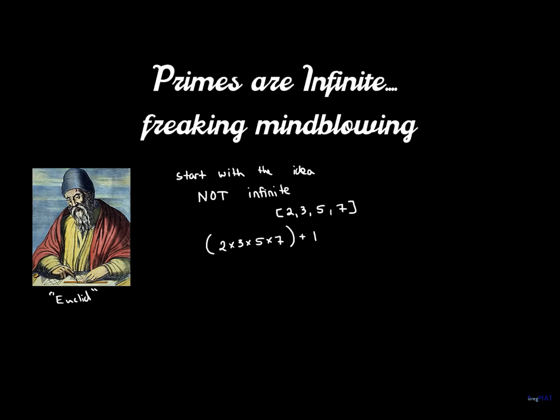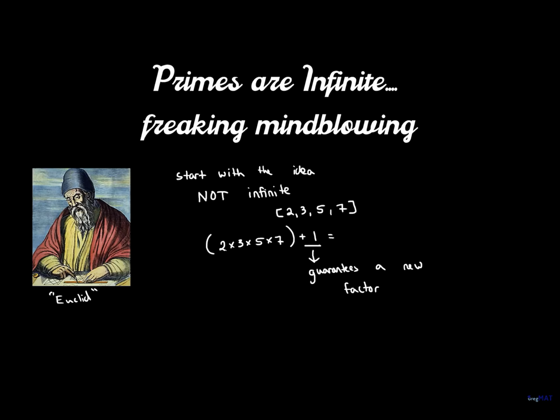Now, the reason he's adding 1 is because what this does is it guarantees a new factor in the resulting number. And actually understand why. Because 1 is smaller than 2, 3, 5, and 7, no matter what we do, this resulting number has to contain a factor that's not included in this list.